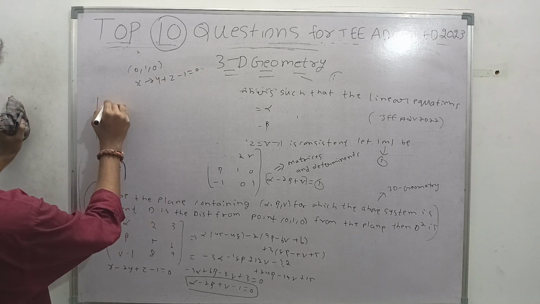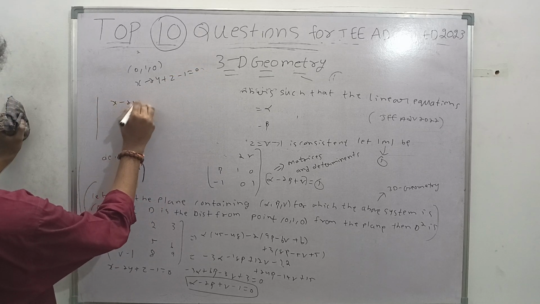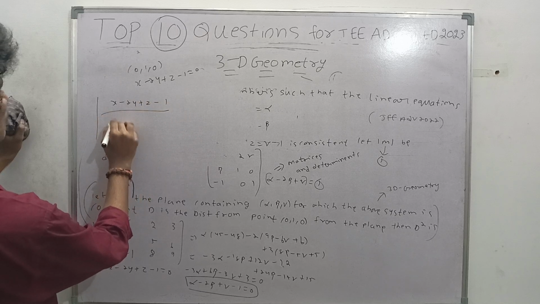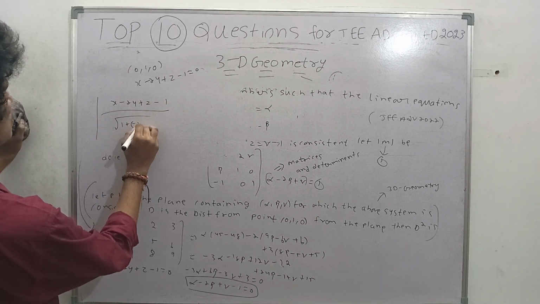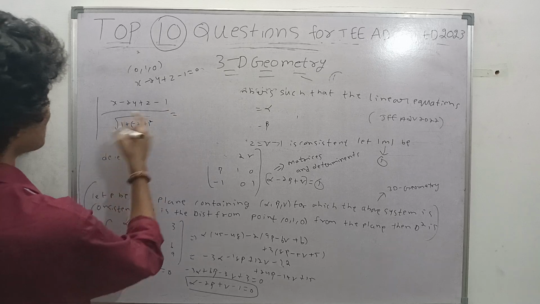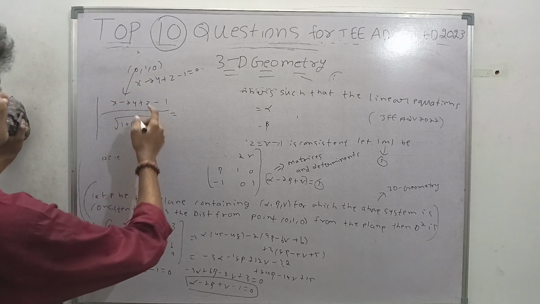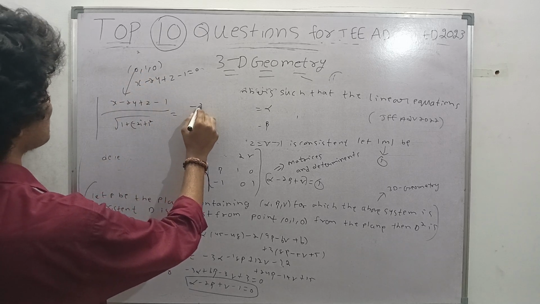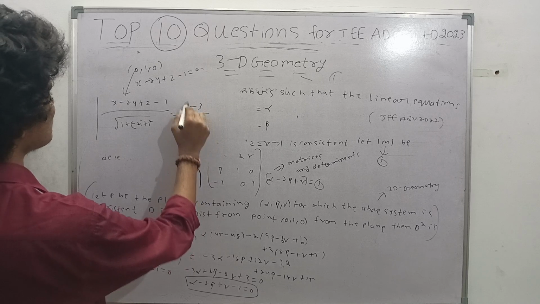The perpendicular distance is the modulus of x minus 2y plus z minus 1 divided by root of 1 plus minus 2 whole square plus 1 square. You have to substitute this point here, and you will get minus 3 divided by root 6, modulus.